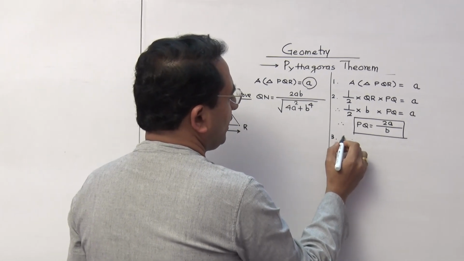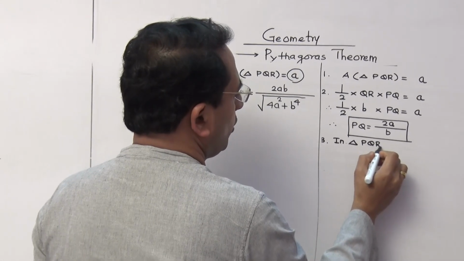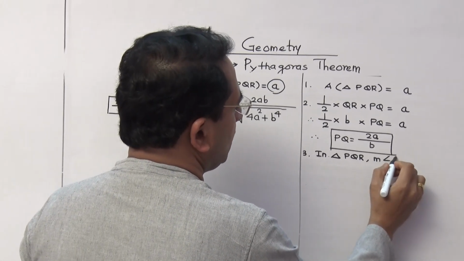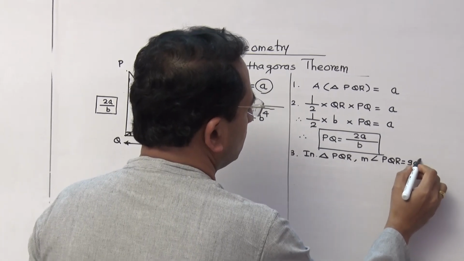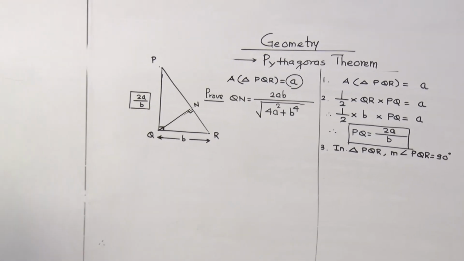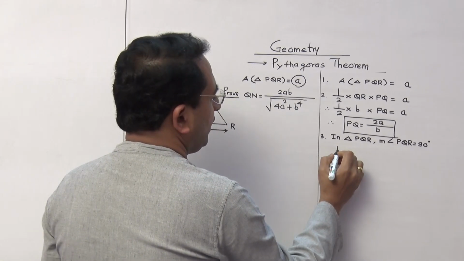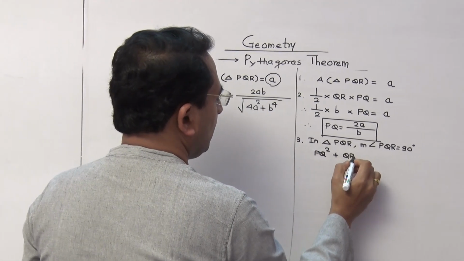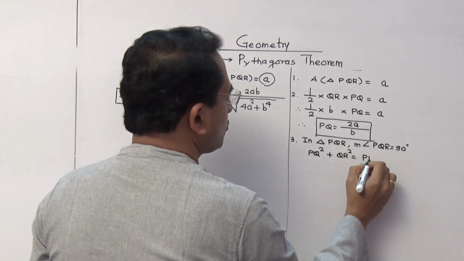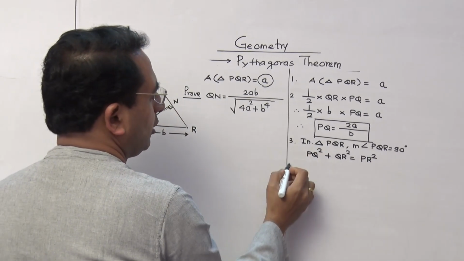Now you know that in triangle PQR, measure of angle PQR is 90 degrees. So what can you write here? We can write PQ square plus QR square is equal to PR square, that is by Pythagoras theorem.